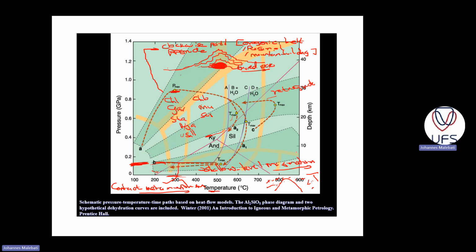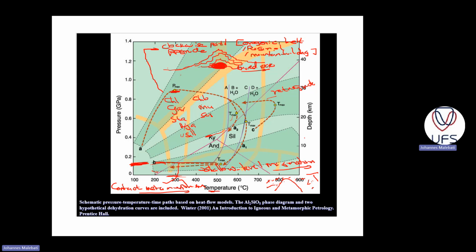A granite pluton or basalt pluton makes the temperature of the rocks near the intrusions rise quickly while we still have moderate to constant pressures. That's the idea that I want to bring to your attention.